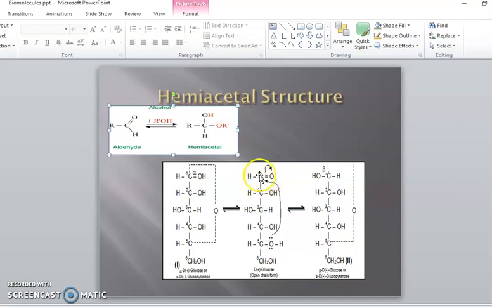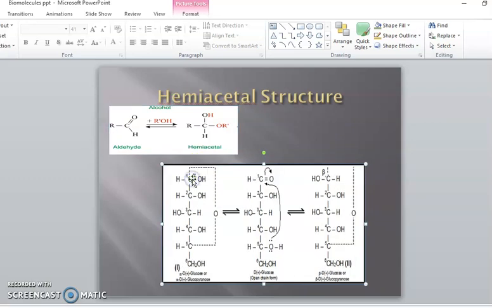So what happened to this carbon? The alcohol is added to this carbon, so that carbon becomes OH, OH, H. Here you have H, here you have OH, and on the other side it becomes H.